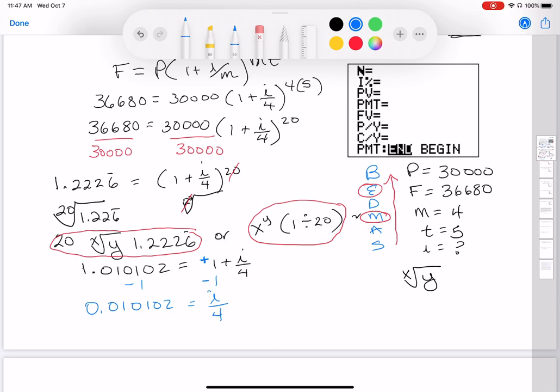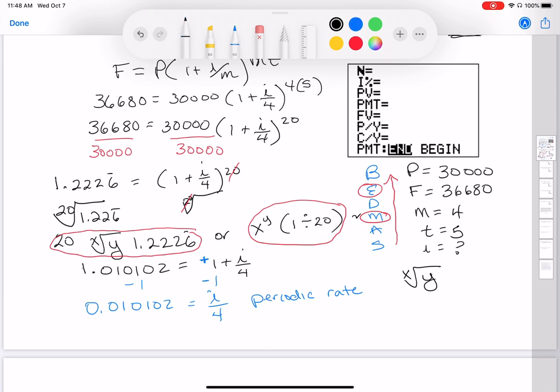All right, so here's our first answer. This is our periodic rate because we've solved for i over m, which means that every quarter we're paying about 1%. Now, if I want the nominal rate, I'm simply going to solve for i.